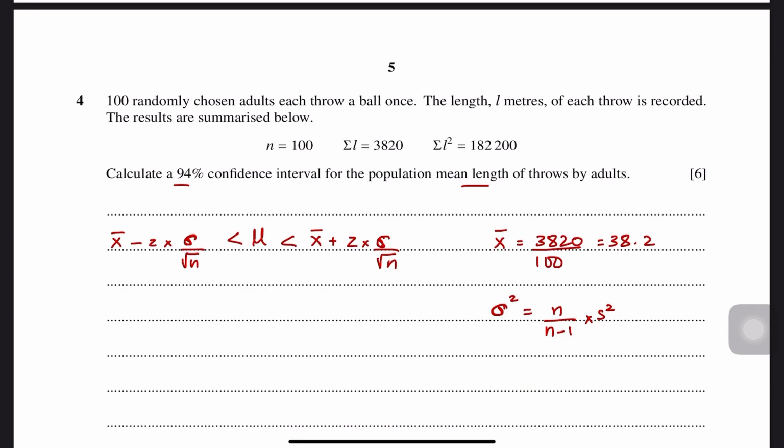So let's put in that formula. What do I get here? I get 100 over 99, and then the formula is the sum of the observations squared divided by 100 minus the mean squared.